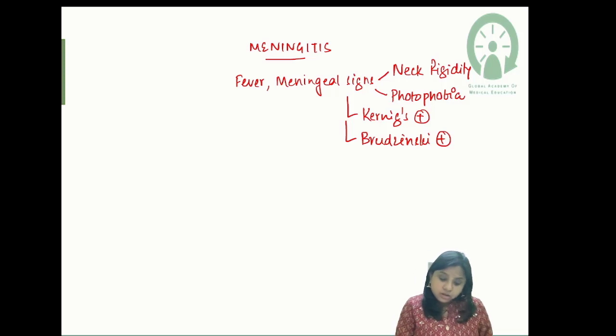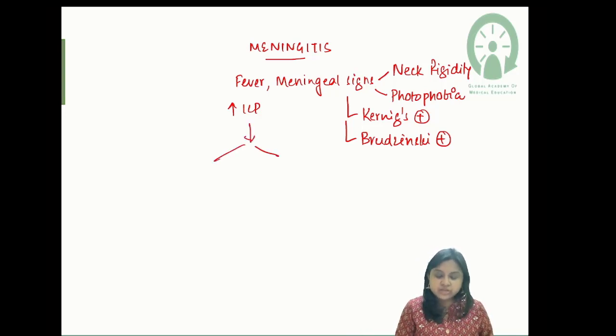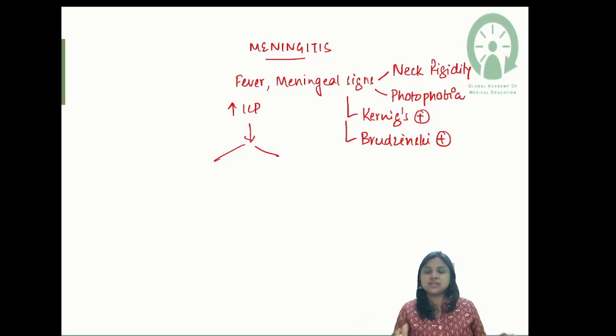Okay. And there can be signs of raised ICP as well. That is, there will be vomiting, there can be papilledema, there can be blurring of vision, okay, and a false localizing sign, that is sixth nerve palsy. So in these cases, you can think that you can deal with a case of meningitis. Now, you just divide in two options, that whether intracranial pressure is raised or intracranial pressure is not raised.